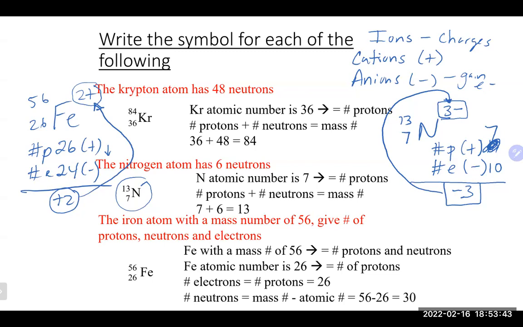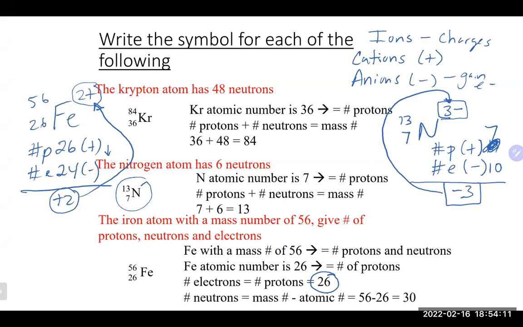In terms of neutrons, again, 56 minus 26 would still be 30. So when something gets a positive charge, if we look at the neutral iron, it had 26 electrons. Our iron with a +2 charge had 24 electrons. So when you see a positive charge, it means that guy has lost electrons.